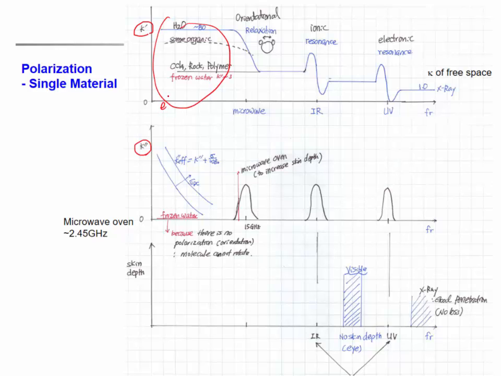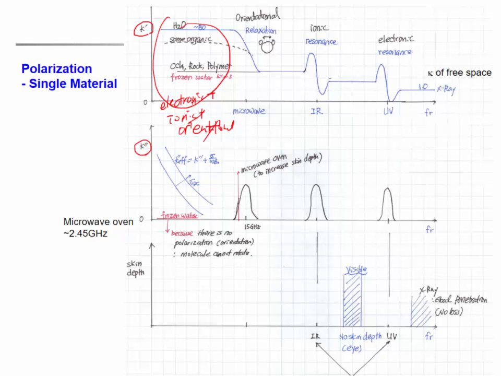So this is the electronic plus ionic plus orientational, right? And after this relaxation frequency, this will be cancelled because right now the frequency is too fast. And after the ionic resonance frequency, the frequency is too fast for the molecule to stretch.